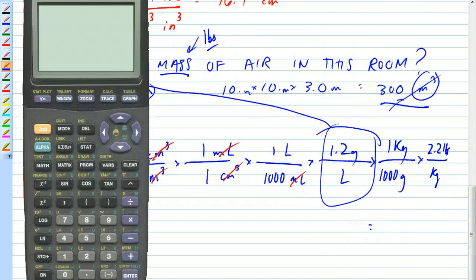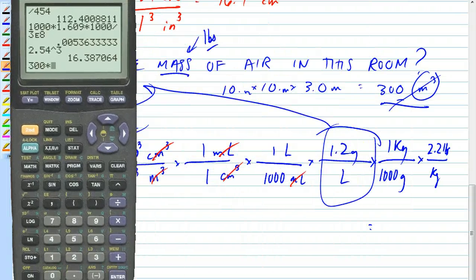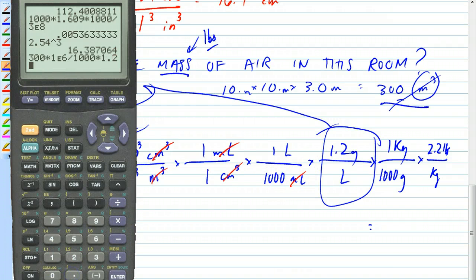All right, so let's see. I've got 300 times 1,000,000 divided by 1,000. That's right here. Times 1.2 divided by 1,000 times 2.2.